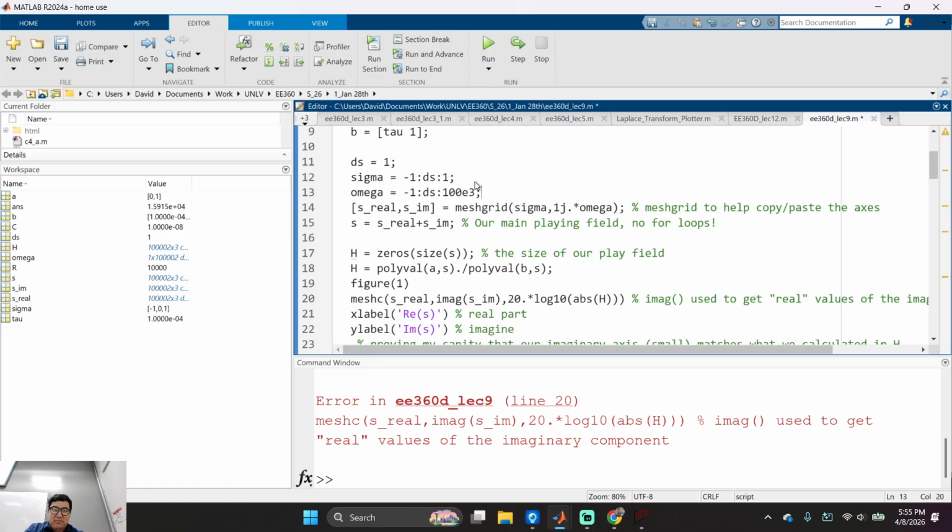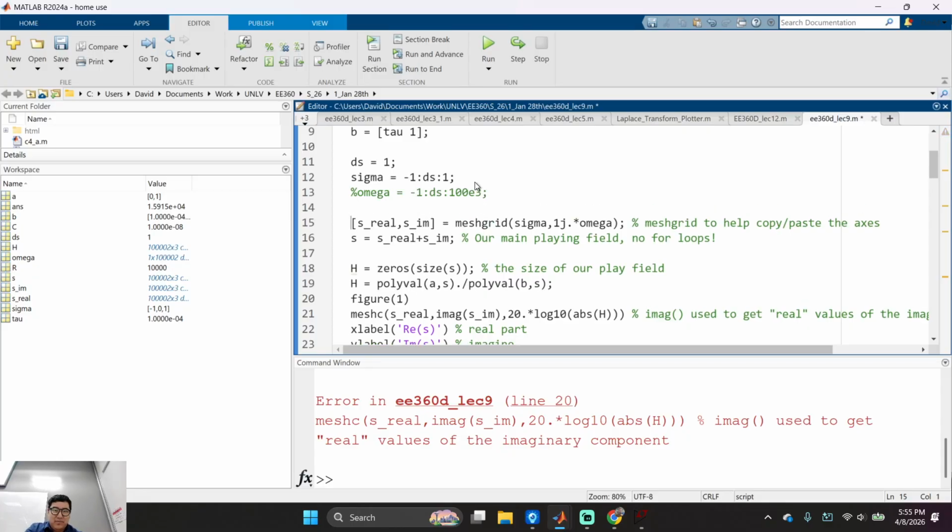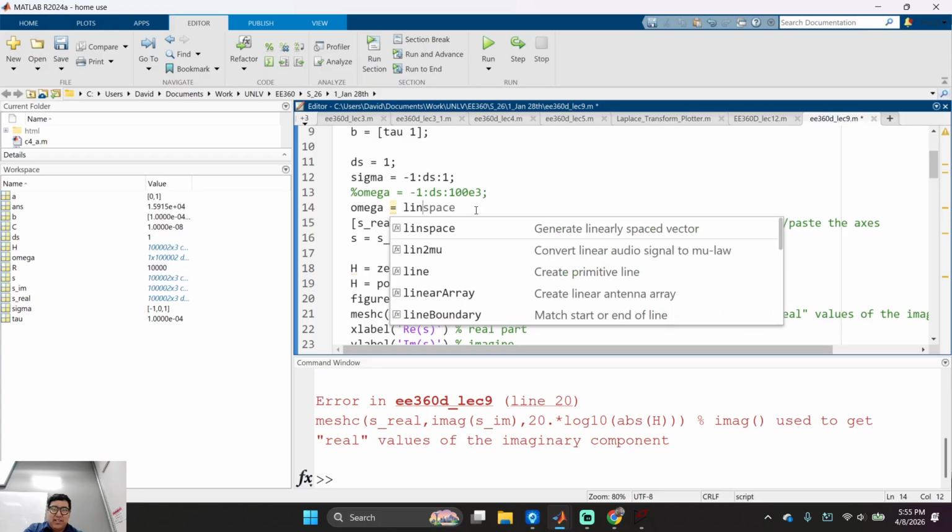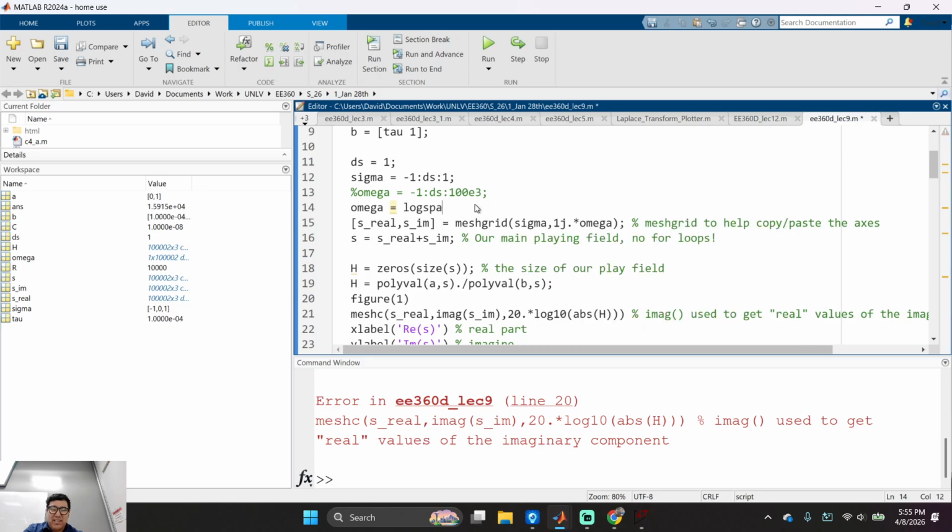This might be good for you, but let me show you what I mean. Bless you. Omega is equal to linear space. No. What's log space? There we go. I don't know how to use this function.